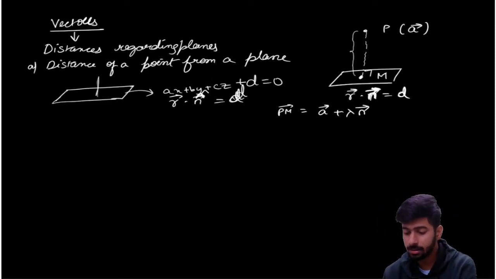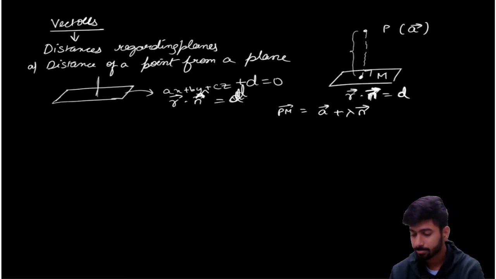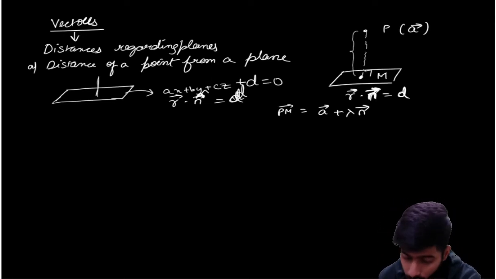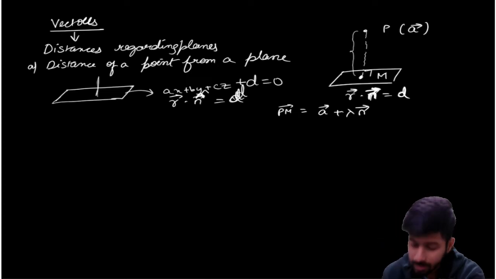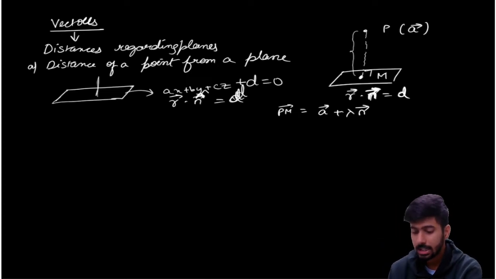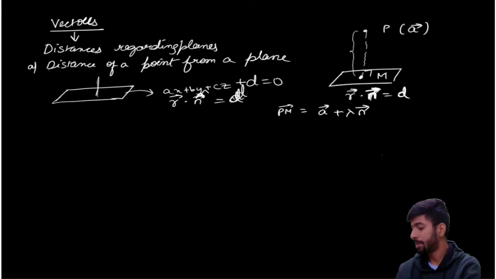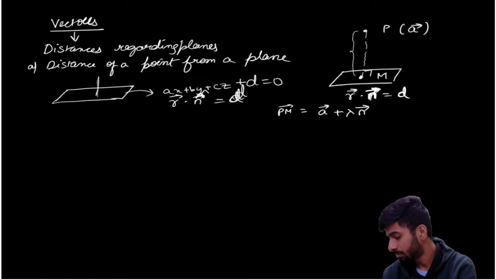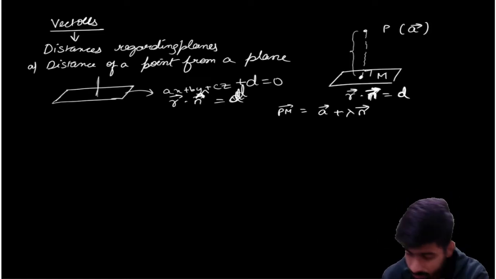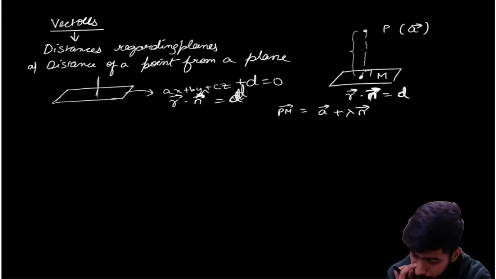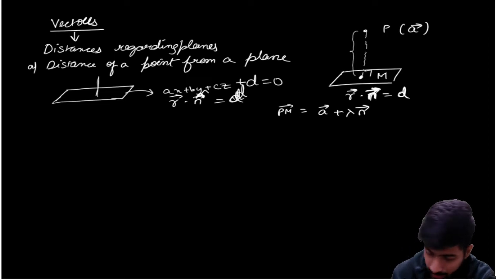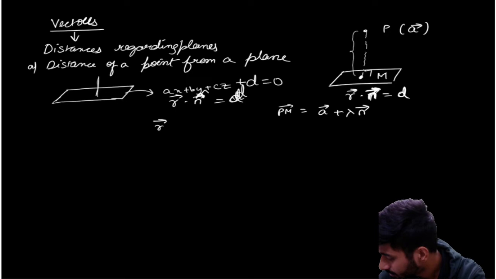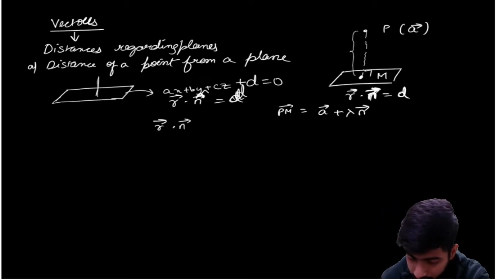Now, this M lies on the plane. So this a bar plus lambda n bar has to satisfy the equation of the plane, which is r bar dot n bar is equal to d.